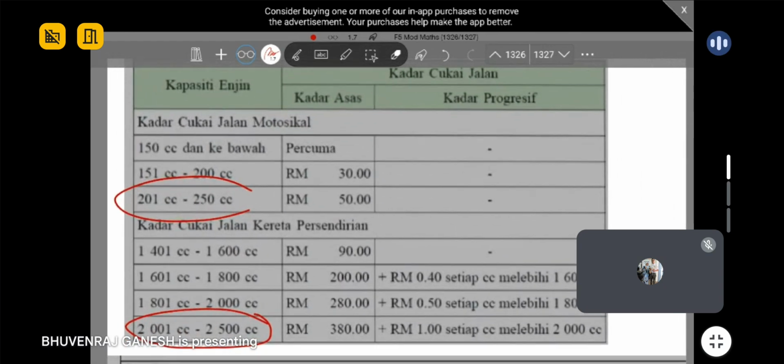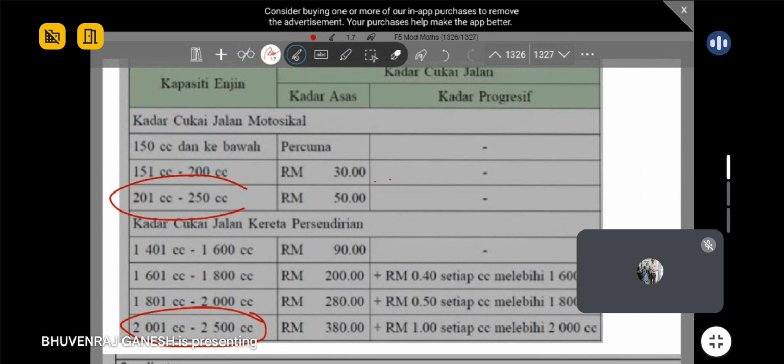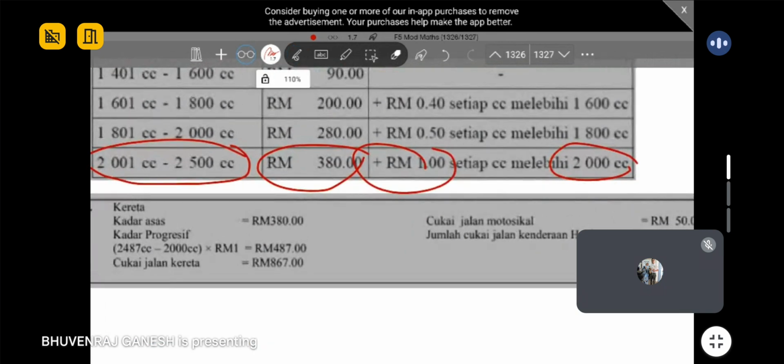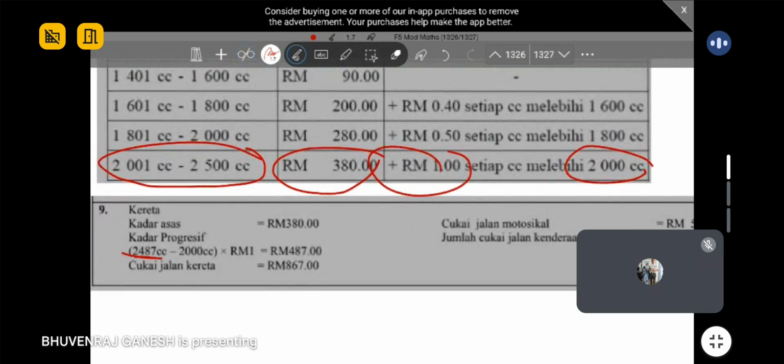So now basically your base rate for motorcycle is 50, kada asas. Then your base rate for car is 380. But for car, you have extra rates, which is the progressive rate, kadar progressive. So how to count? Exactly the same. You take the current CC minus the original CC times the rate, which is RM1.